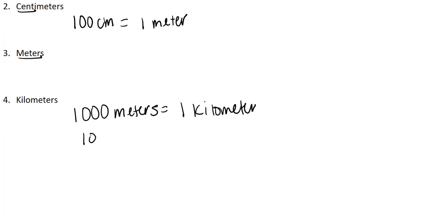Or we can say 1,000 little m is equal to 1 km. So these are the different relationships to go from one to the next. It helps you see how large or small things are in terms of one another.